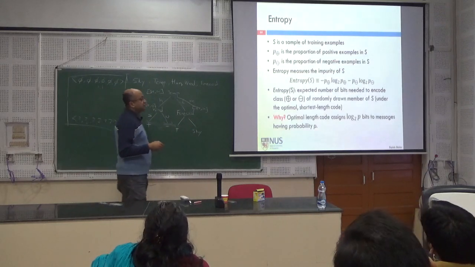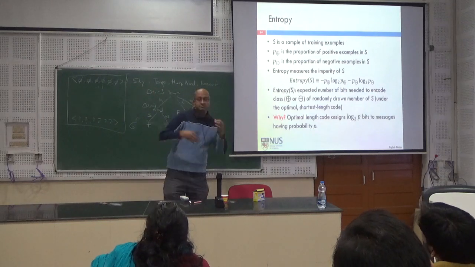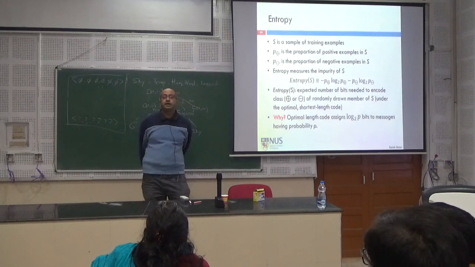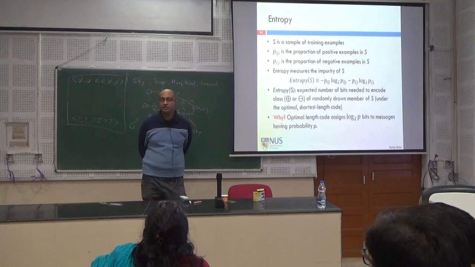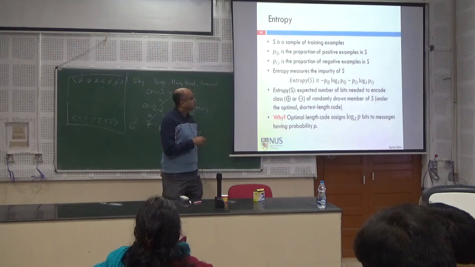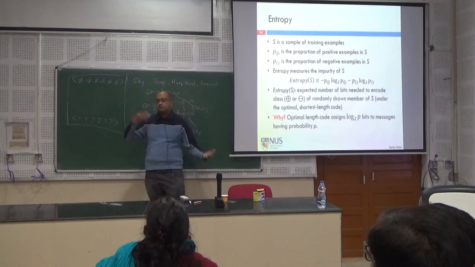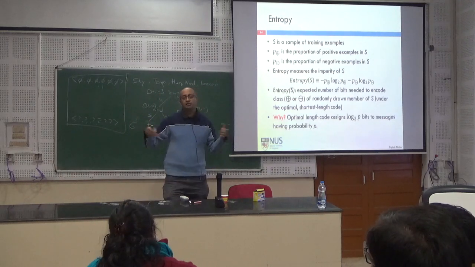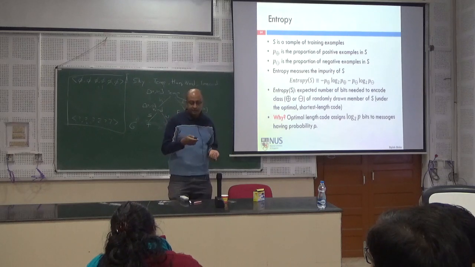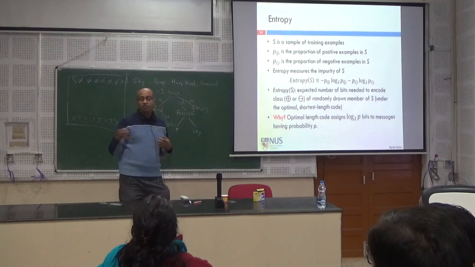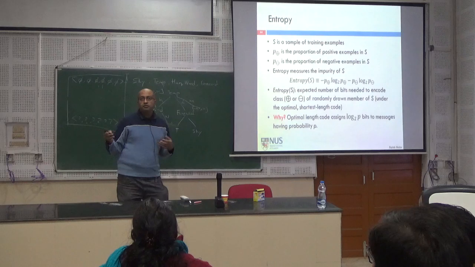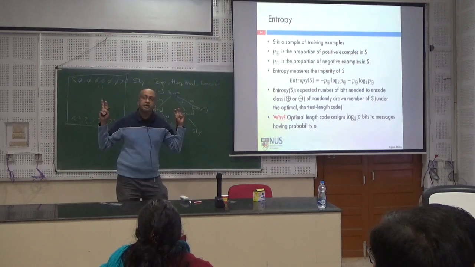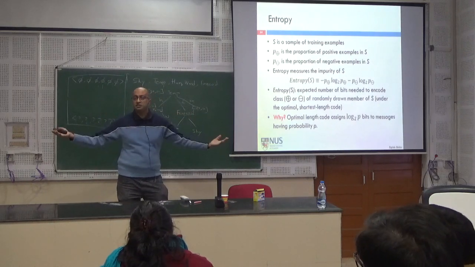Now entropy means something different depending upon which area you're from. Coming from an electrical engineering background, by which I mean electronics, to us entropy means information. How much information is there in the thing.